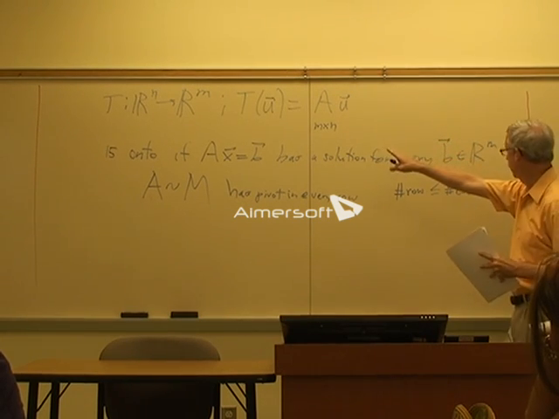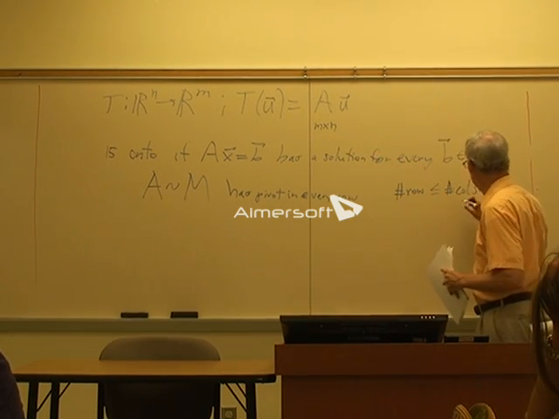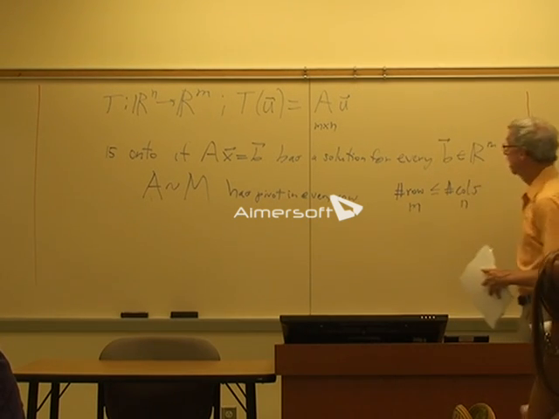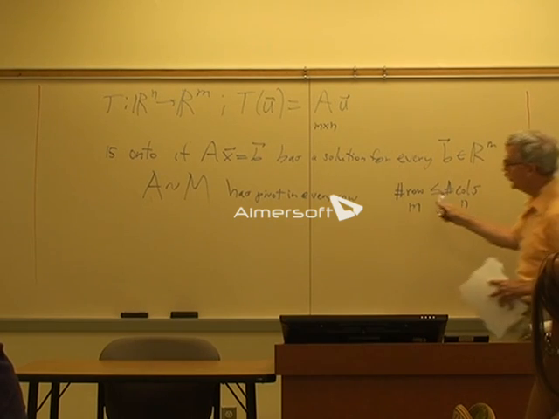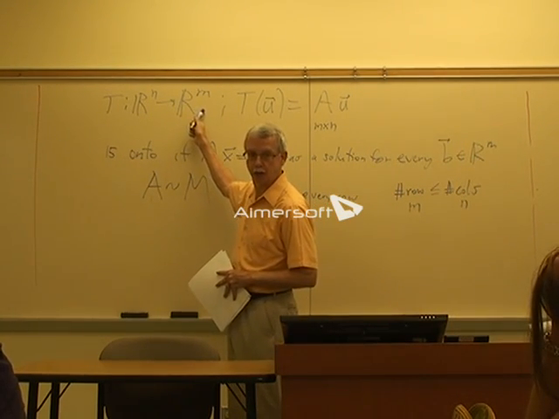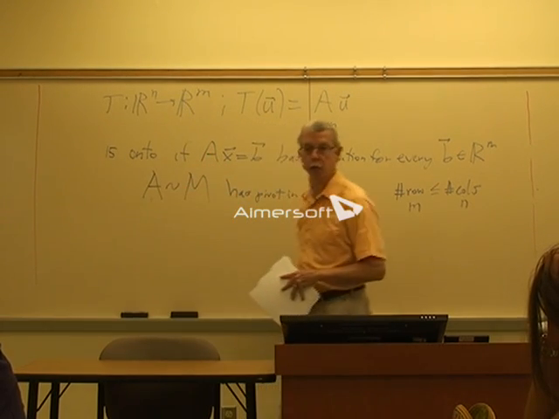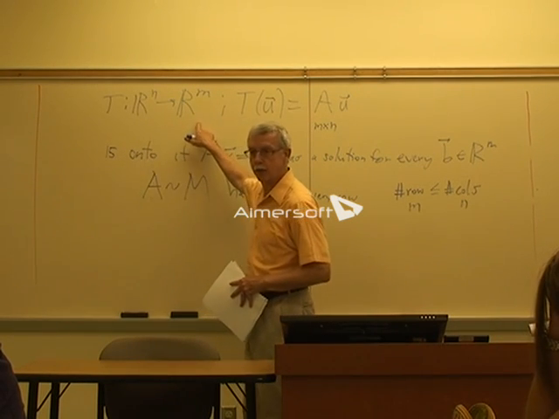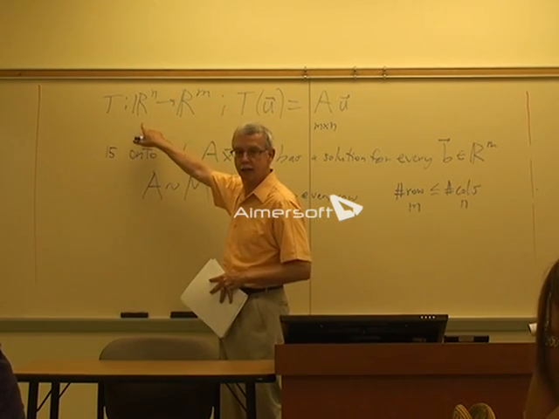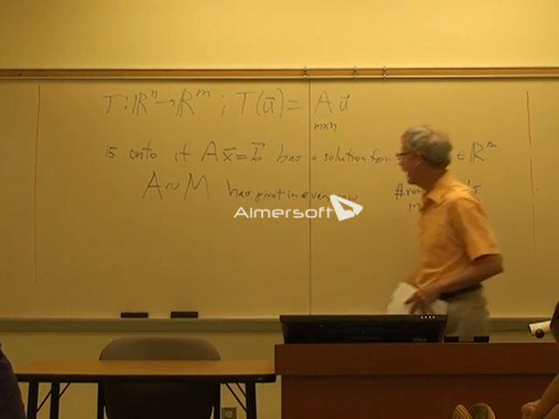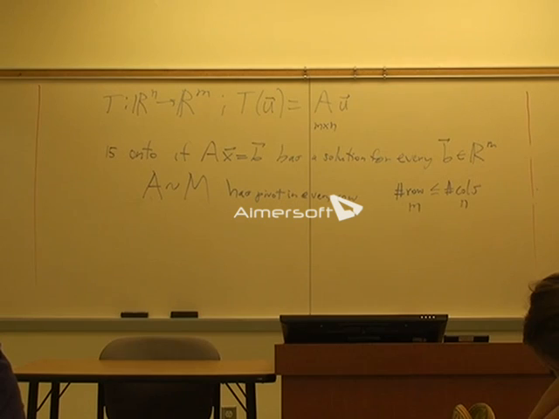But the number of columns of A is n, and the number of rows in A is m. This says that n must be bigger. I must be going from a bigger dimensional space to a smaller dimensional space, or equal. Otherwise, I can't possibly be onto. And that makes sense. If this was R2 and this was R3, I couldn't possibly fill up R3 by mapping elements of R2. So n must be bigger or the same, or this can never happen. Nice little reminder from linear algebra.